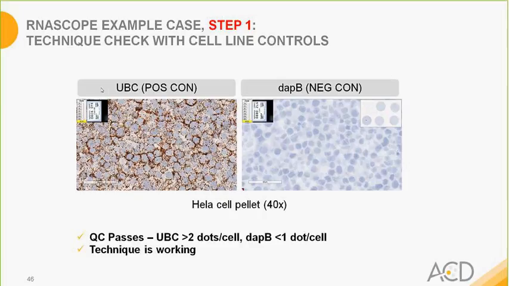So in this case, UBC was selected as the positive control, and there is absent DapB staining in the negative control. These are HeLa cell pellets. So in step 1, the QC passed with, again, plenty of positive control staining and essentially absent DapB staining.